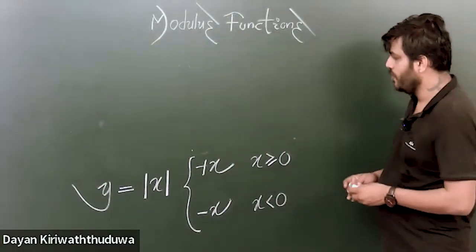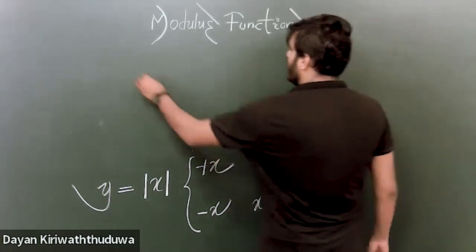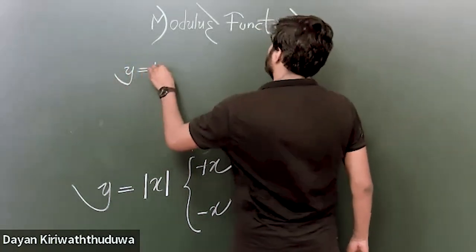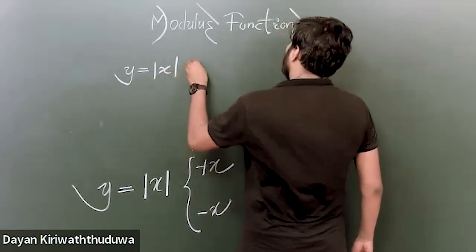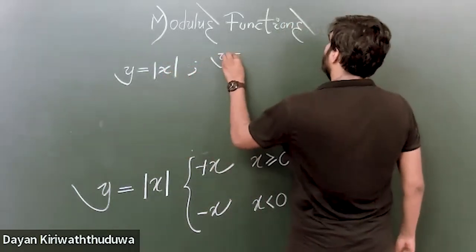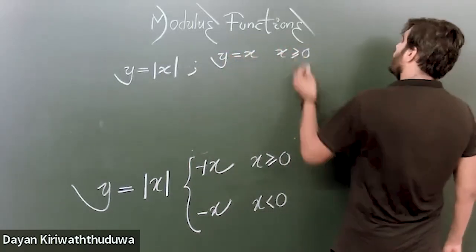Now, we can actually explain this in two different ways. Number one, we would say y is equal to modulus x. In two different ways. One is y equals x where x is greater than or equal to 0.